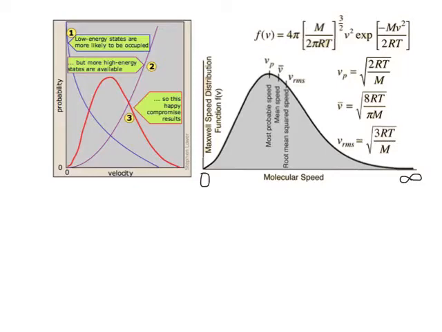So that's why the average is skewed slightly to the higher, but normally what you'll see is we'll discuss that this most probable speed would be the speed that you would plug into the relationship for temperature and your average kinetic energy.